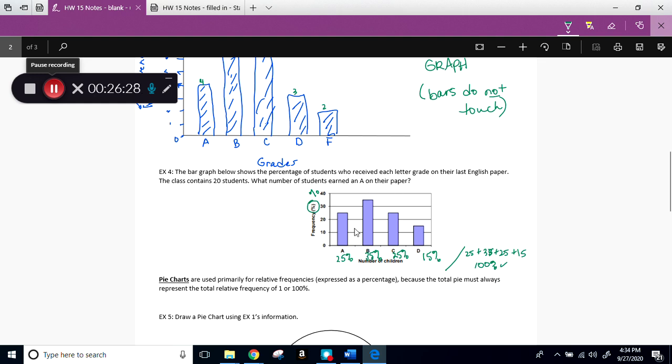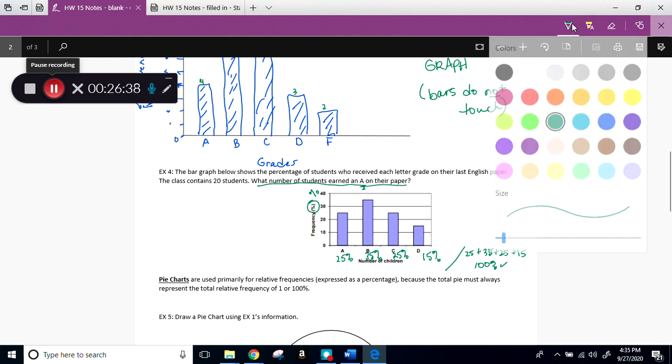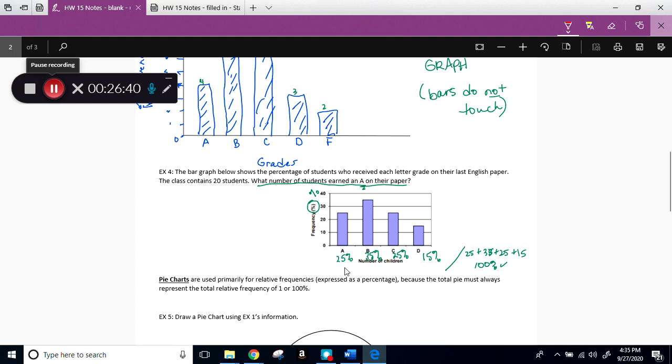Okay, so now notice that they're wanting to ask about something here. What number of students earned an A on their paper? So we're only going to really use mainly this A percentage here. So we figured that out by looking at the graph. Okay, so we can actually use that.